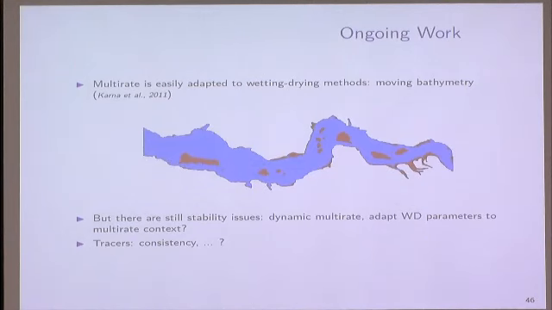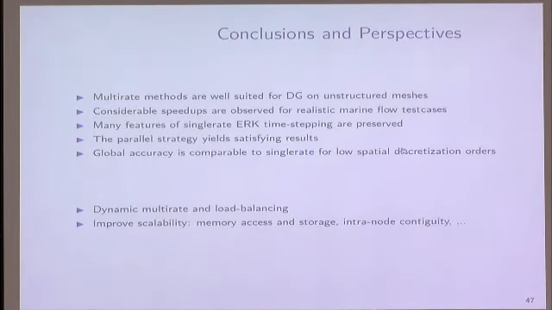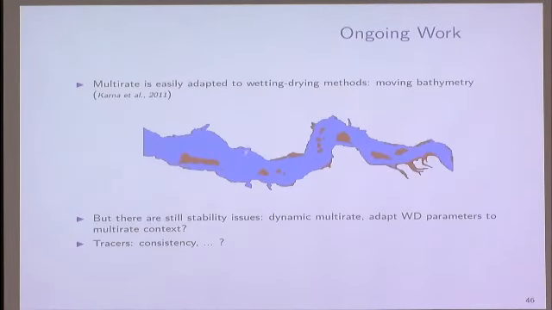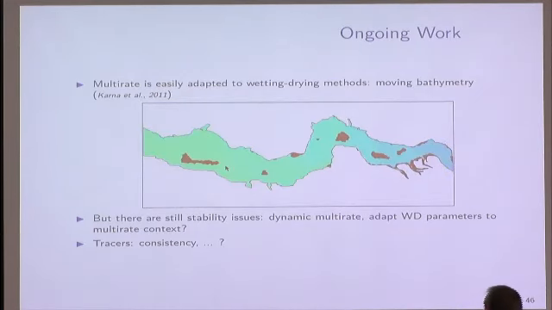Finally, ongoing work. Just to say that multi-rate can easily be adapted to wetting and drying methods. We tried to work on it a little bit, just to show that it works, but we still have some stability issues with the method.